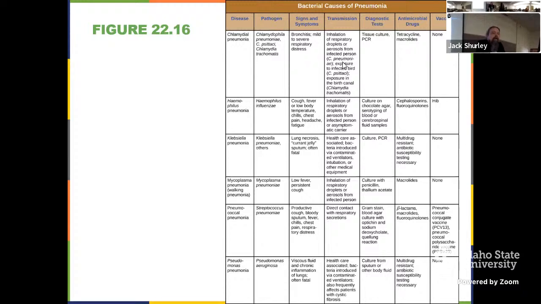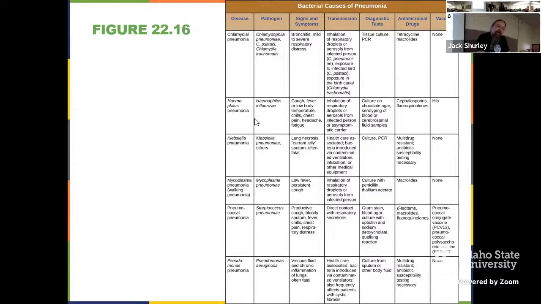Respiratory droplets, aerosols from someone with Chlamydophila pneumoniae. The psittaci would be exposure to bird feces. Pigeons are a pretty good one for this, all right? And then the last one would be exposure in the birth canal, can set the stage with that.